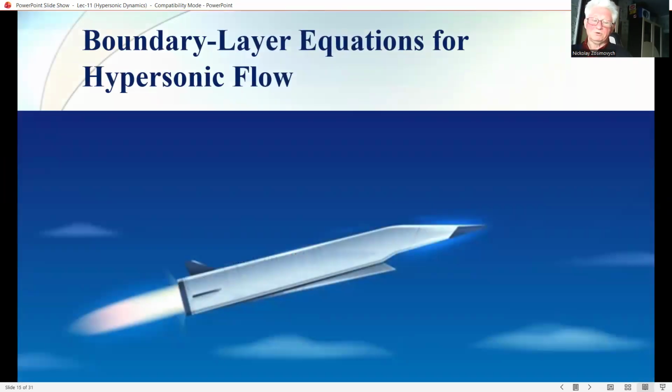Next topic of today's lecture: the boundary layer equations for hypersonic flow. Until the advent of computational fluid dynamics, exact solutions of the complete Navier-Stokes equations for practical problems were virtually non-existent.